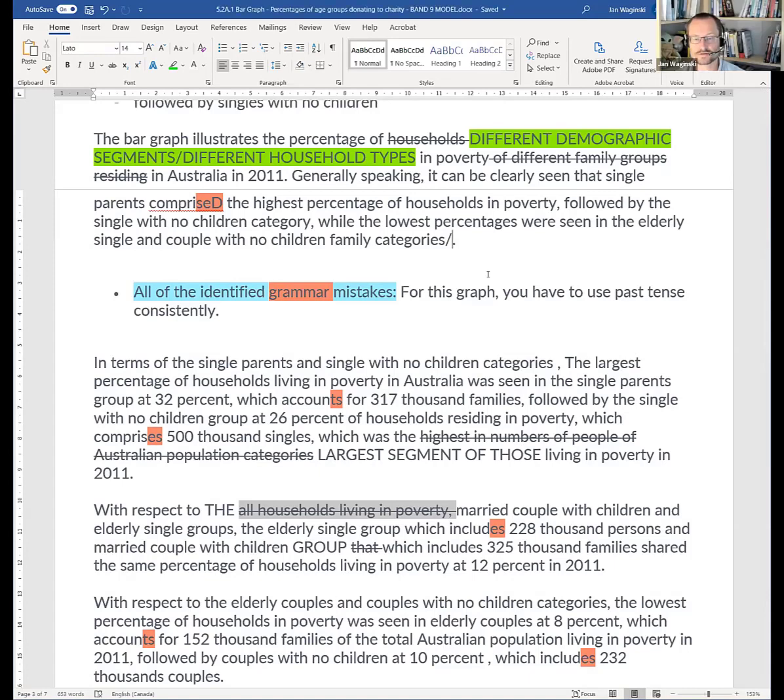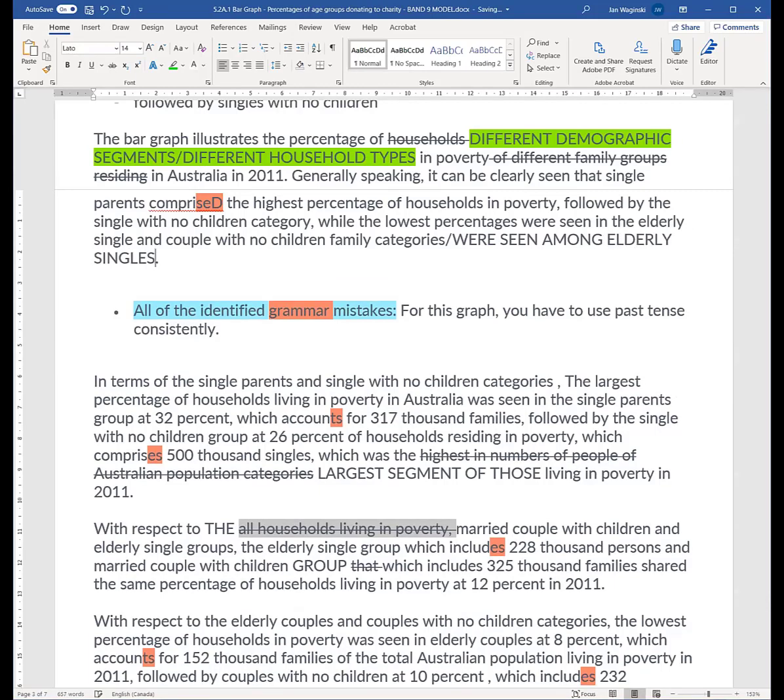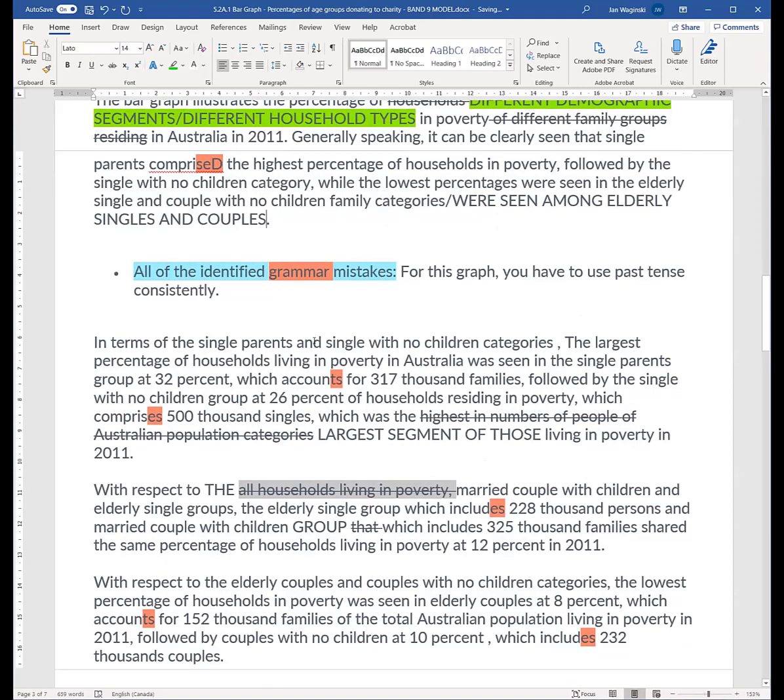While the lowest percentages were seen among elderly singles and couples. Yes. Simpler, right? Yes. All right, keep going. Okay.